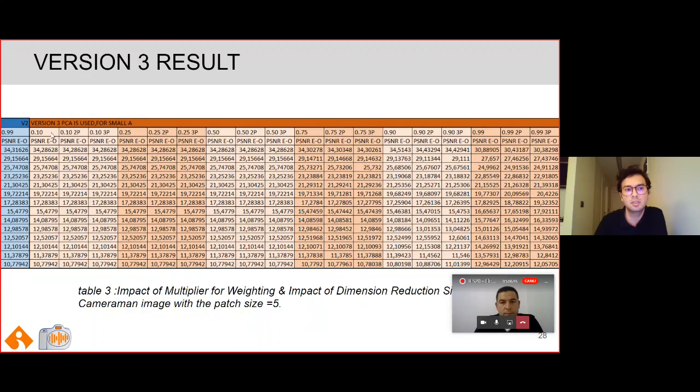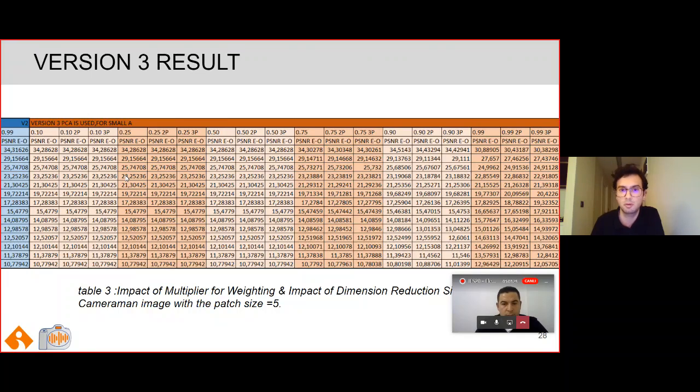Then 2P and 3P represent the reduced dimension size. For example, if the patch size is 5, the reduced dimension size is 5. But in this case, the reduced dimension is 2 times the patch size, so it should be 10, and 15, and it continues like that.